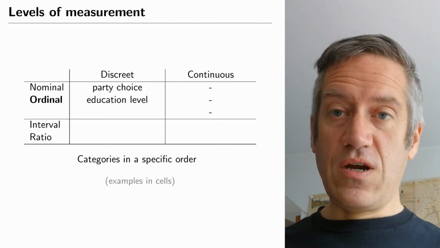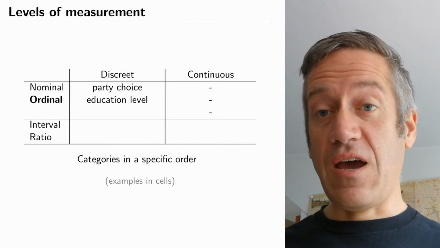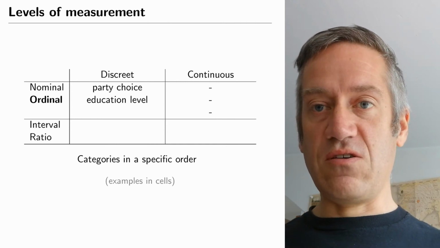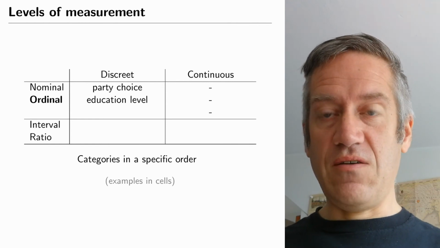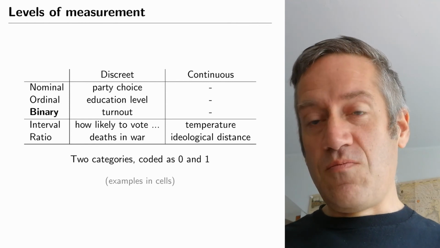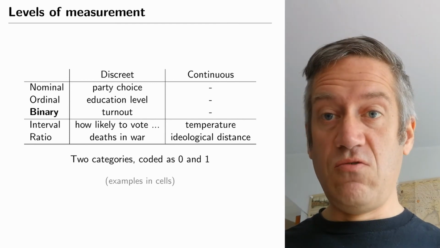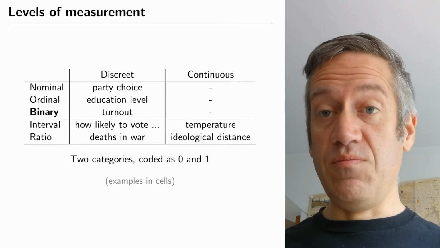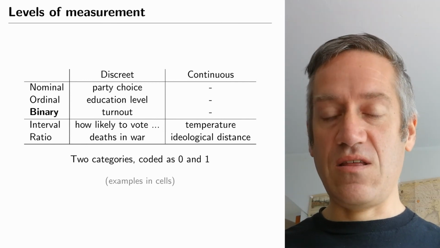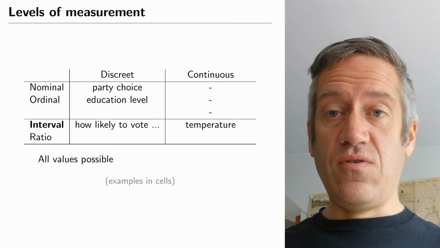We have ordinal variables, where they are in particular categories and there is an order to them, for example a Likert scale from strongly disagree to strongly agree, or the level of education that one might have. There's a special category for binary variables, which are really nominal variables with two categories. But when you code them as 0 and 1, we call them dummy variables, and they can sometimes act as if they are continuous.